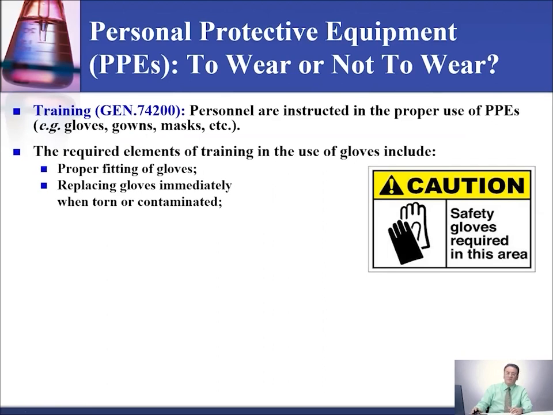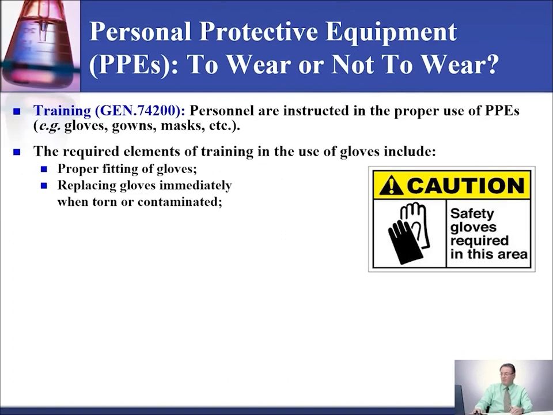If your hand is large, don't use small gloves. If your hands are small, don't use large gloves. Use the right size for your hand. And the employer is supposed to provide different sizes of gloves according to their staff. If the majority have small hands, you have to have a lot of small glove boxes, for example.